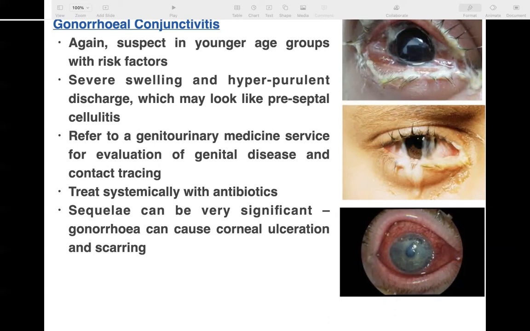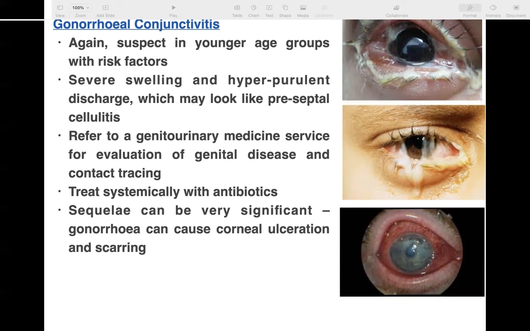like purulent, profuse discharge, which is not viscous, not sticky like the mucopurulent, especially if associated with genitourinary tract infection. So refer to the genitourinary medicine service for evaluation of the genital disease and contact tracing.